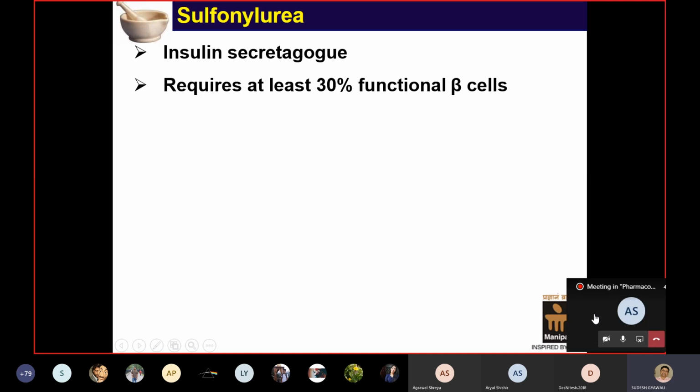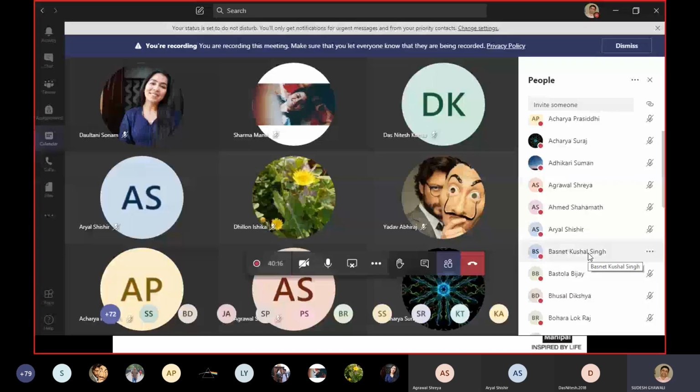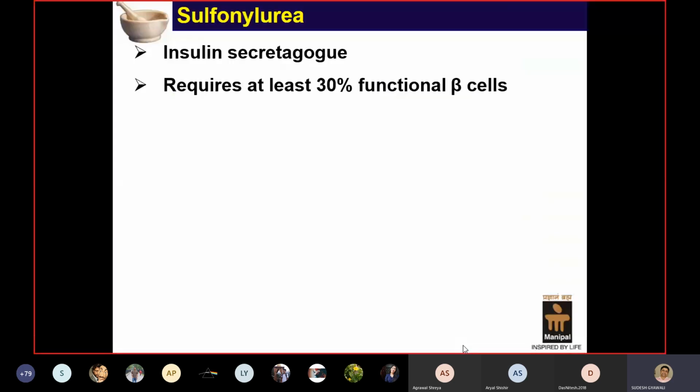So Kushal Singh Basnet, are you there? Yes, sir. Okay. Can you tell me, just guess, can we use this sulfonylurea in type 1 diabetes mellitus? No, sir, we cannot use it.